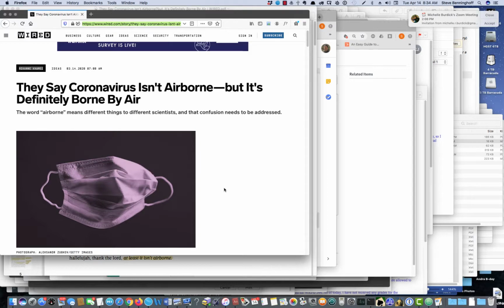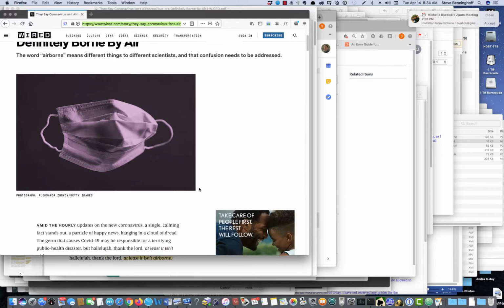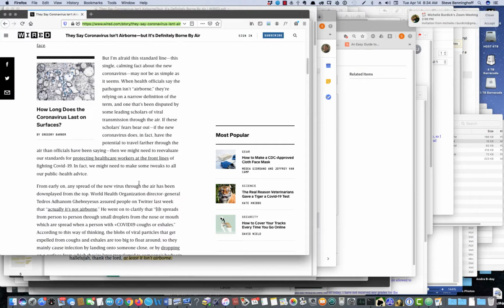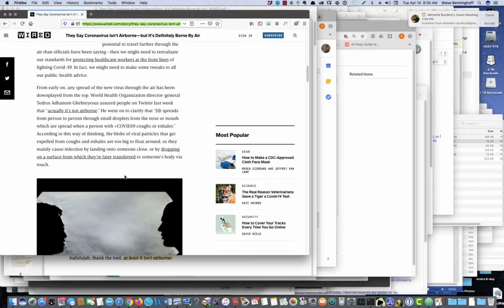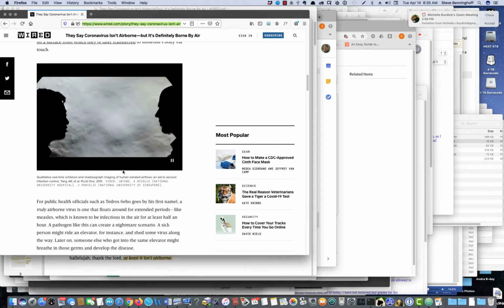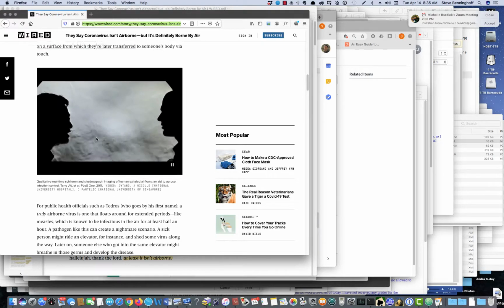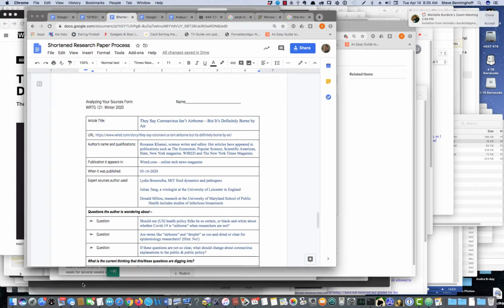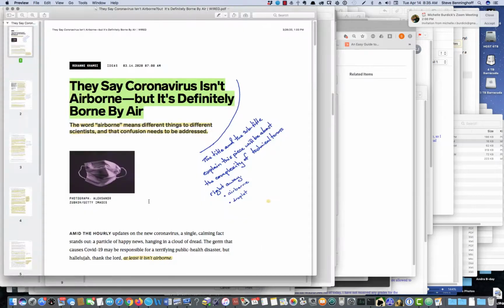Here's the article on wired.com, and it shows what it looks like as a regular article, and there are things that of course when you print it out don't show up. So here's the article and the way I've marked it up.